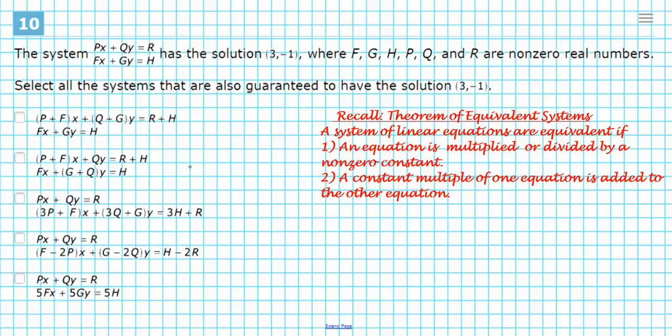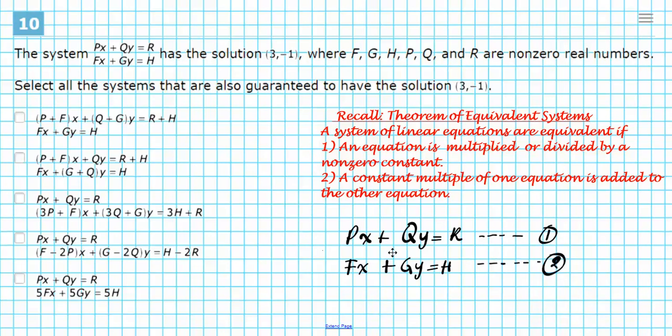To help us see which one is correct and which is wrong, let me rewrite my system here. P of x plus q of y equals r, and fx plus gy equals h. All right, so let's see. I'm going to call this one equation 1, and call this 2.